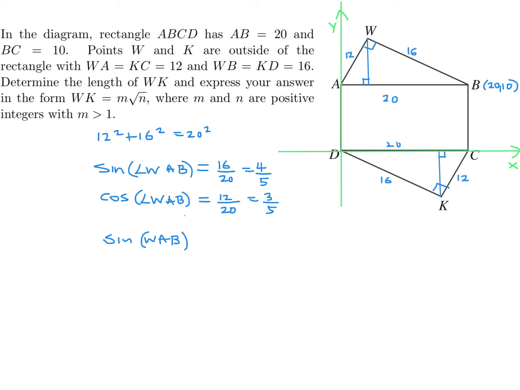Initially, we looked at it from the perspective of that big triangle, but if you look at it from the perspective of the small one, we can get the values for the coordinates of W. This point right here, I'll just call it X. So sine of WAB, if you look at the small triangle, will be the opposite, which is WX, over the hypotenuse, which is 12. Now, WAB's sine of it, we previously calculated as 4 over 5. So 4 over 5 is equal to WX over 12. And then when you solve for that, you get that WX is equal to 48 over 5.